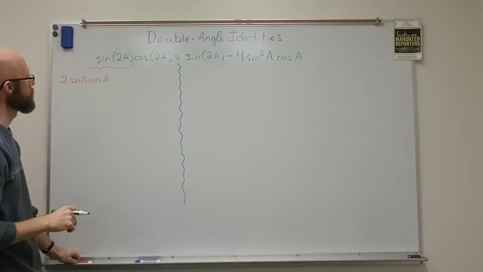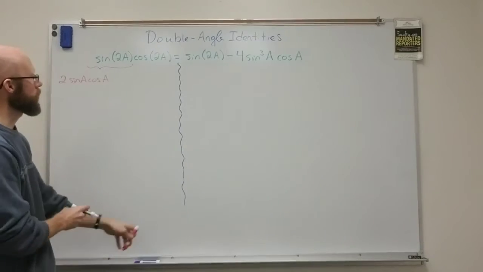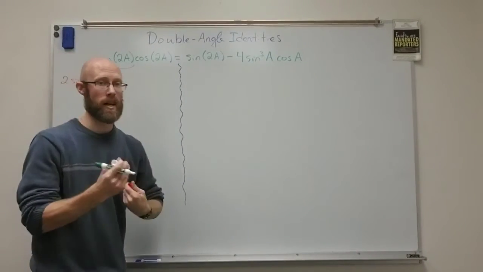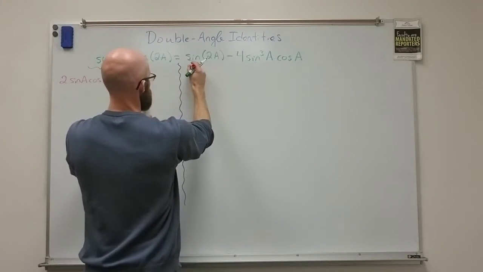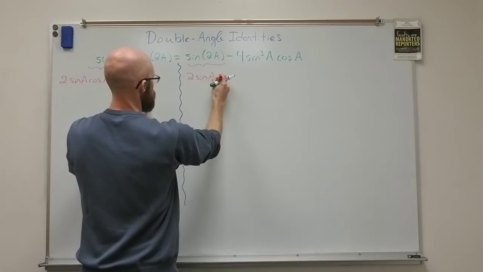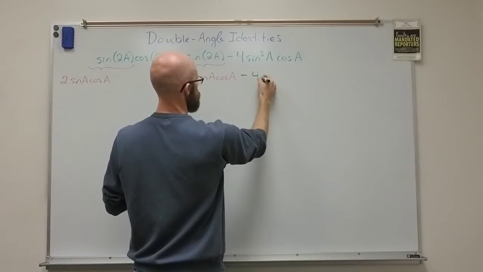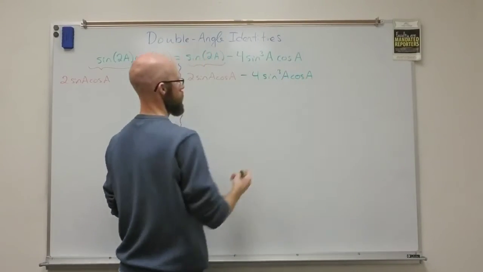And then I'm not sure yet what I'm going to do with this, so I'm going to hold off on that. On the other side of the potential identity, I should say, is sine of 2a, which does simplify to 2 sine a cos a. And then I still have my other stuff, minus 4 sine cubed a cos a.